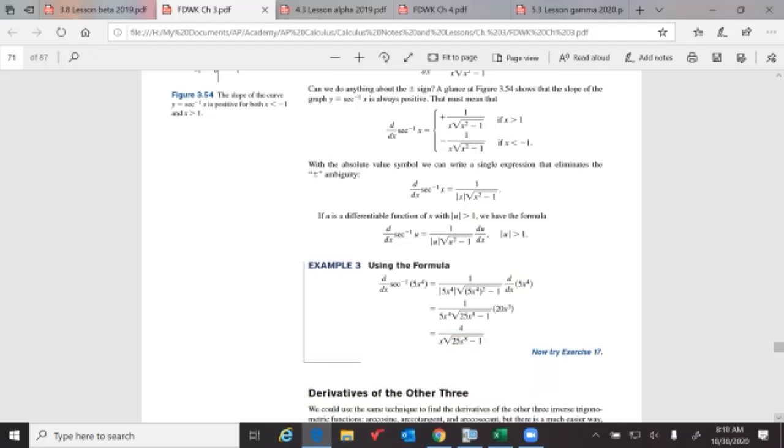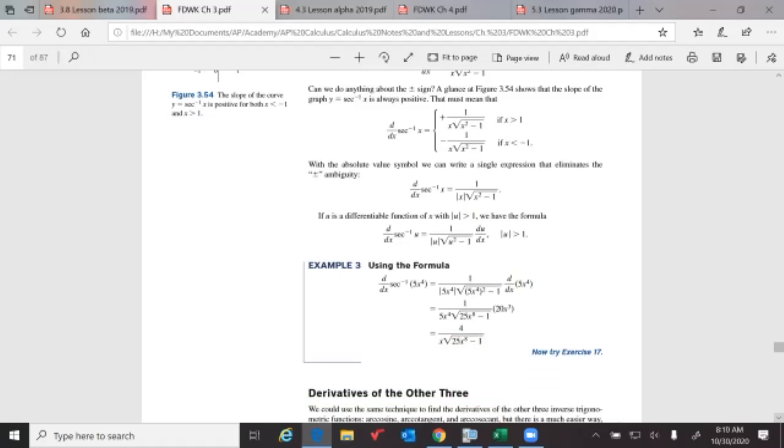So in terms of mu, with respect to x, inverse secant of mu is this. But the mu outside the root sign needs absolute value symbols. Why? Because every other time we had a mu for the derivatives of the inverse trig functions, it was being squared. So it wouldn't matter whether it's positive or negative.